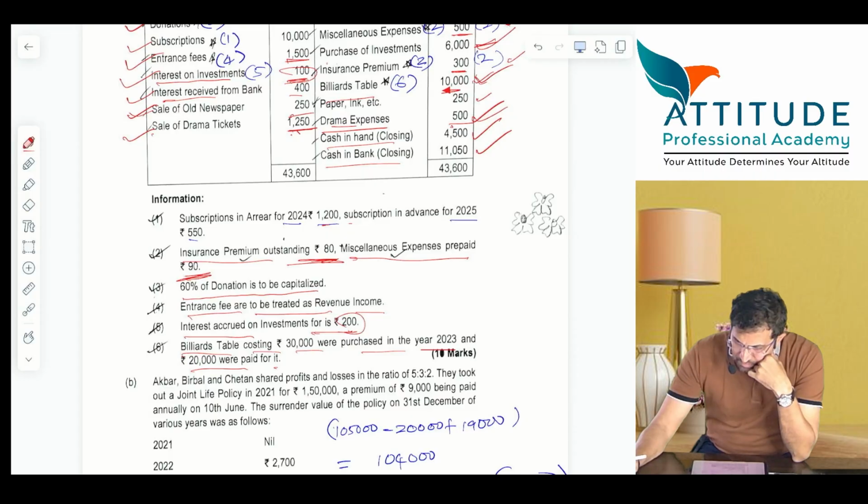10,650 plus donations 2,800 plus 300 plus 1,500 plus 400 plus 250 plus 750. Total is 16,650.